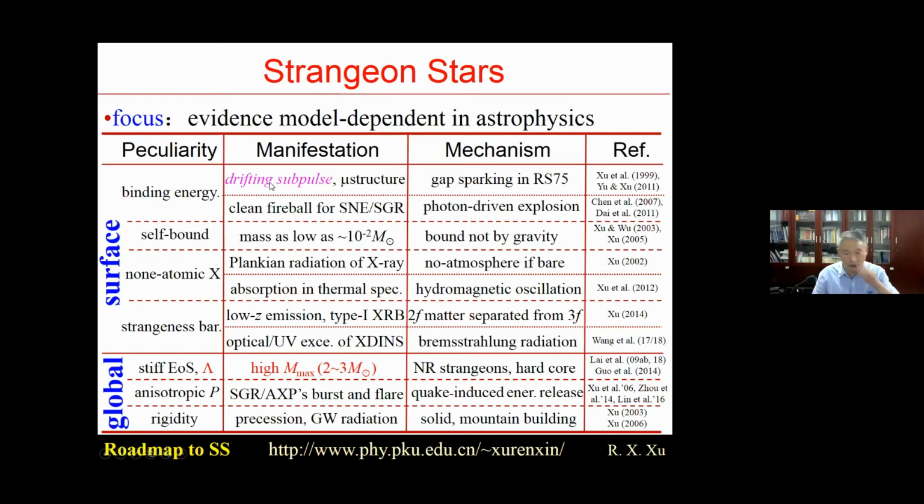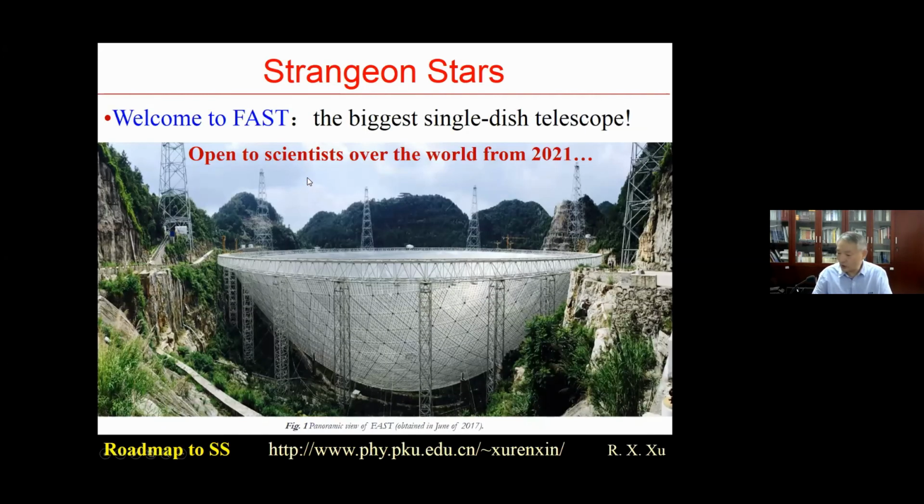I may show a phenomenon, very detailed astrophysics, but I do not want to go into very detailed so-called drifting subpulse. This could be evidence for Strangeon matter. This story is now related to the biggest single-dish telescope, Chinese FAST.